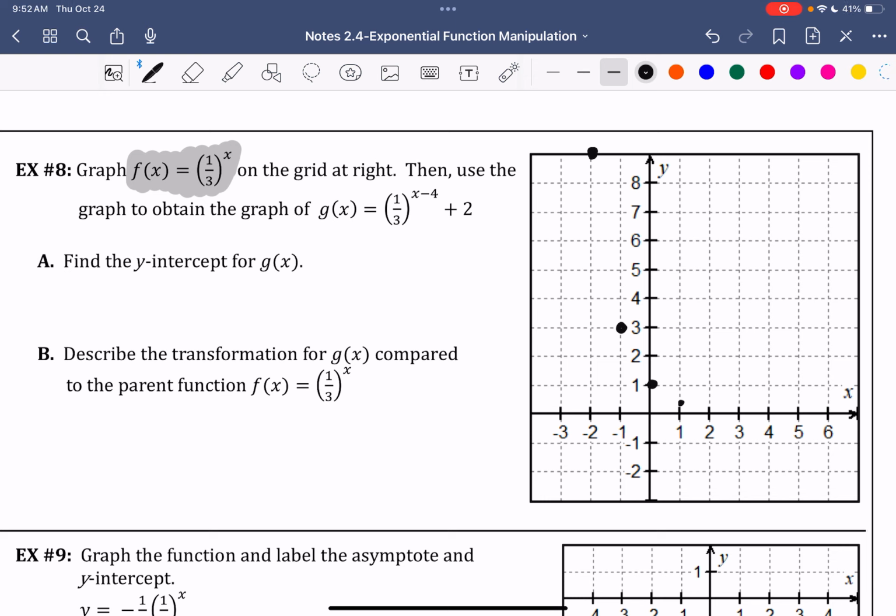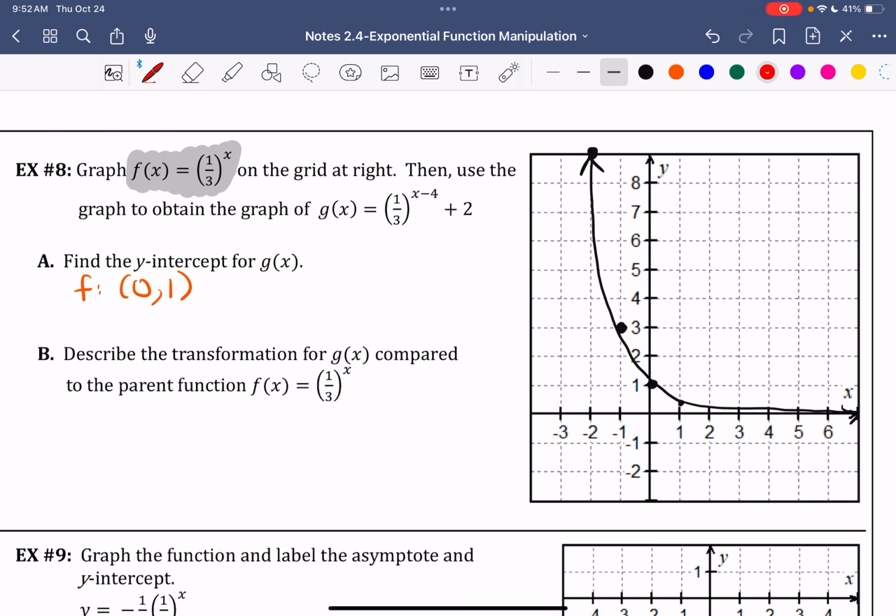So let's connect the points that we do have. And since I already can see ahead, there's my y-intercept. So y-intercept of f is at 0, 1.